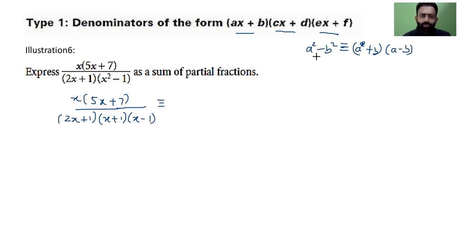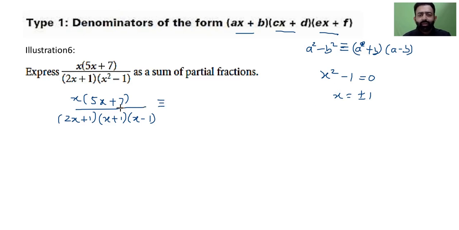But in case of an equation, if I say x square minus 1 is equal to 0, only for two values of x which are plus minus 1 is this equation valid. So there is a difference between an equation and an identity. An identity is always true for any value of the variable, but an equation is valid for some values of the variable. So this is an identity.